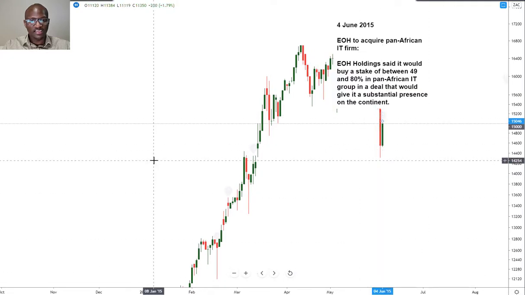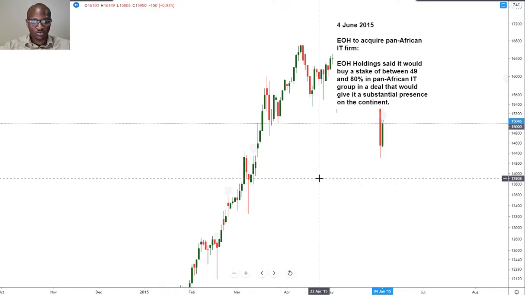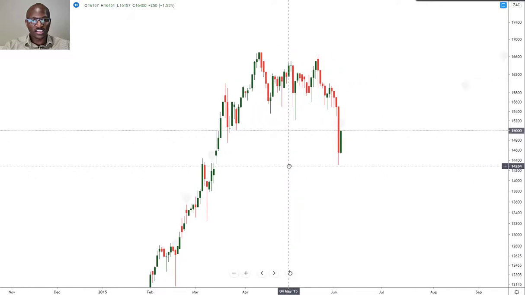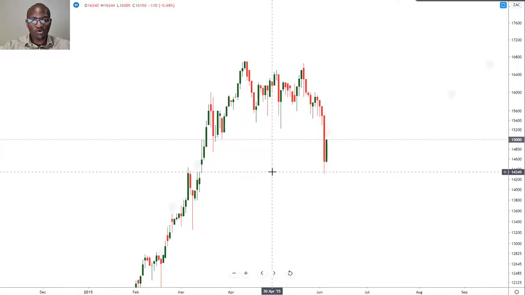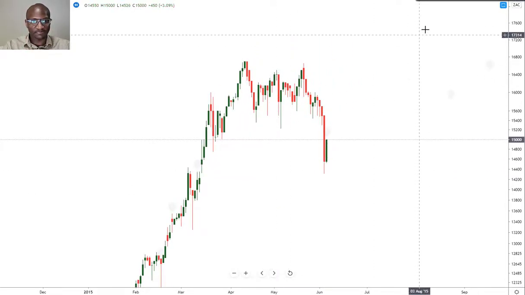And on this day, 4th of June 2015, EOH to acquire Pan-African IT firm. EOH Holdings said it would buy a stake of between 49 and 80% in Pan-African IT Group in a deal that would give it substantial presence on the continent. So again, more acquisitions, this time focusing more on the rest of Africa.